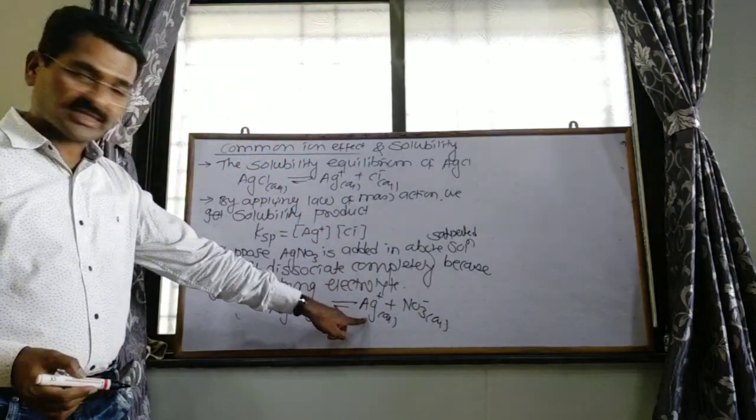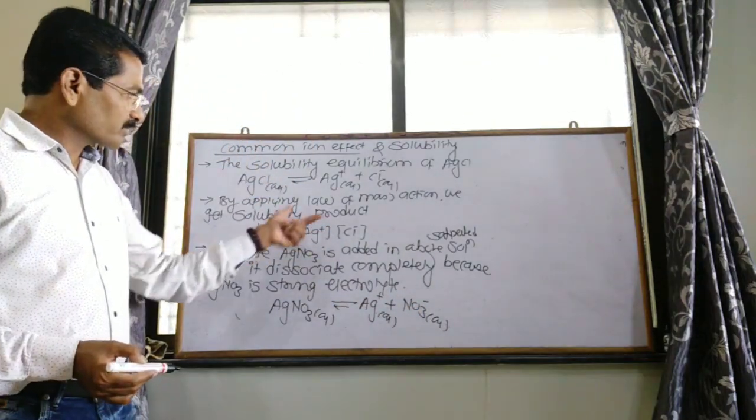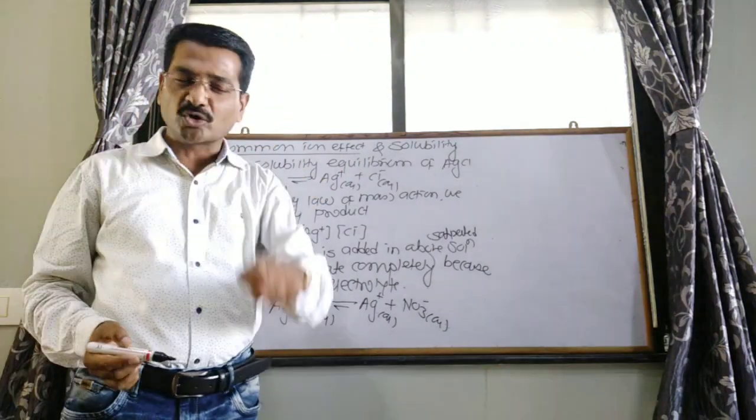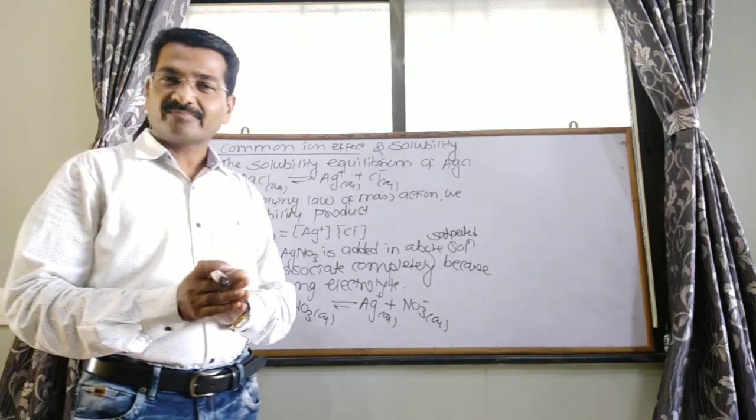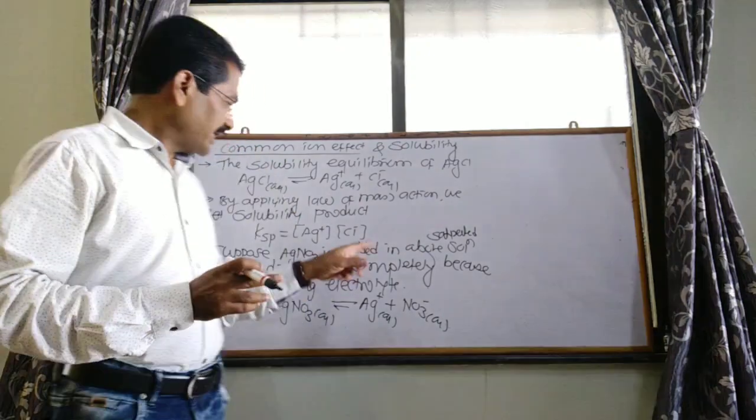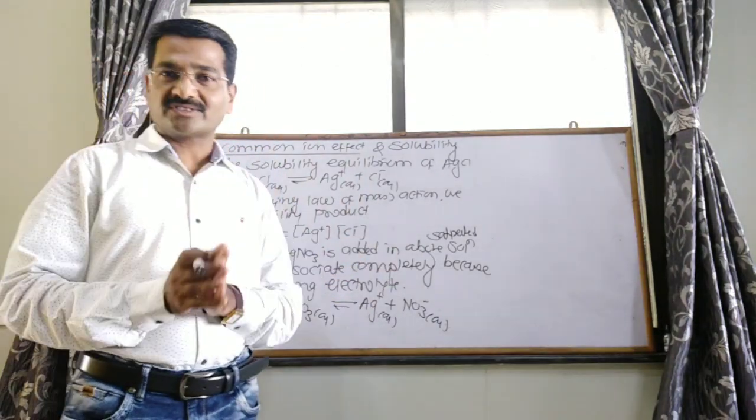In both solutions, the silver chloride solution and the AgNO3 solution, both contain silver, so Ag plus are the common ions.